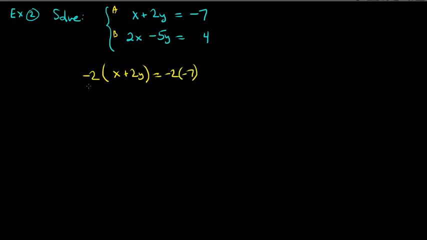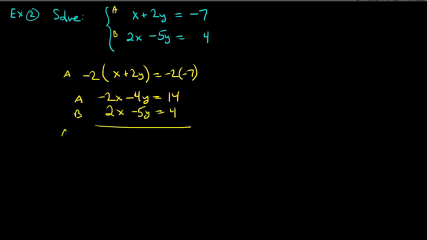And that gives me negative 2x minus 4y equals positive 14, right? So that's equation A still. And equation B, we can leave that alone. It's just 2x minus 5y equals 4. So now you add them, right?